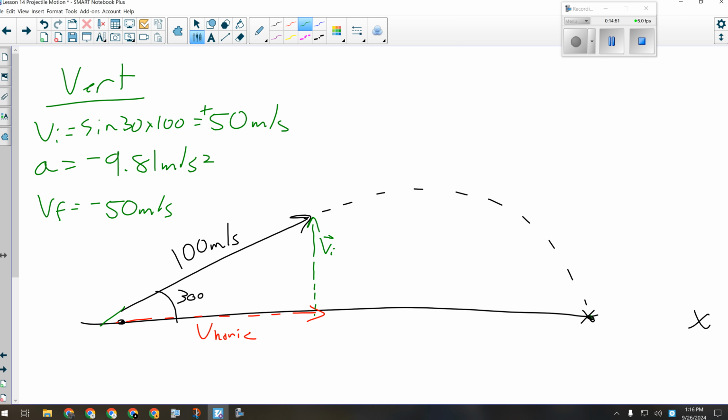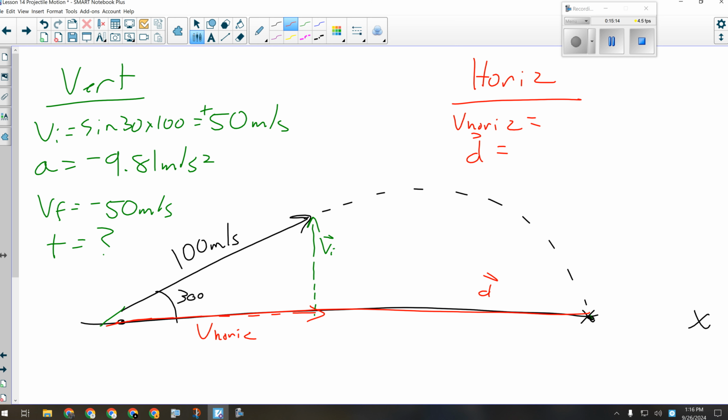You already know you can calculate t with this information. What I'm looking for is the horizontal displacement. I'll give you a minute on that.